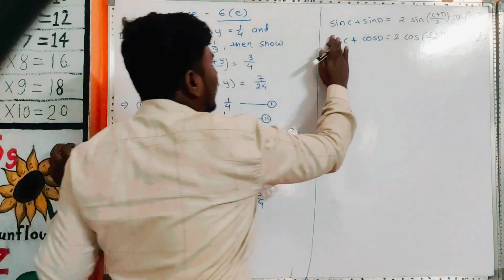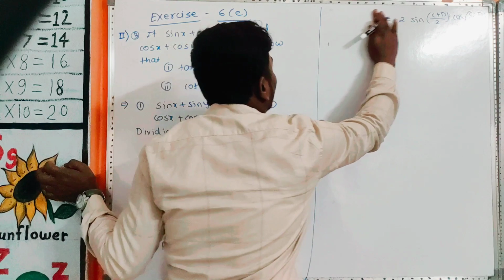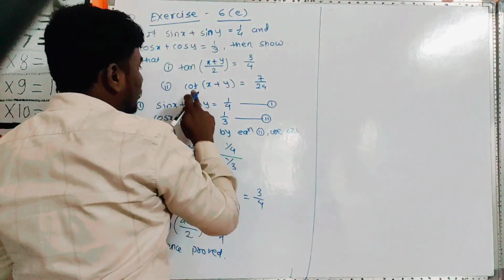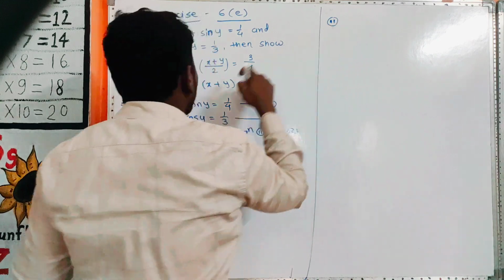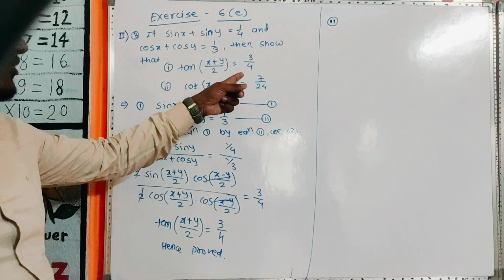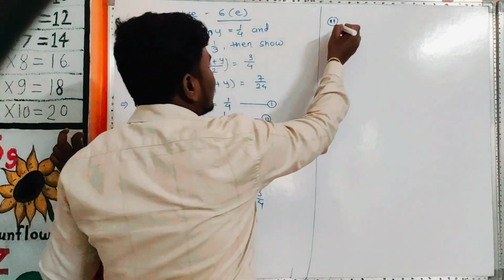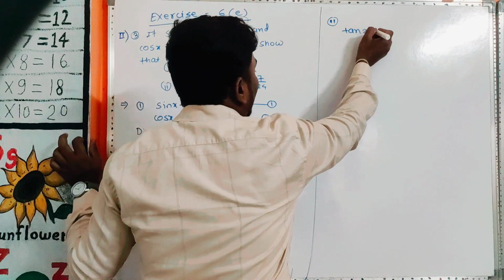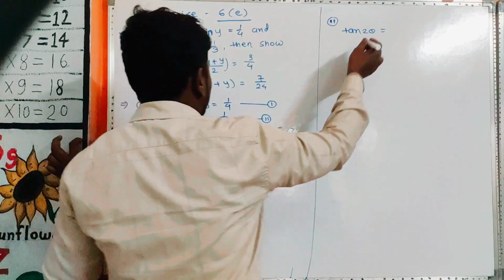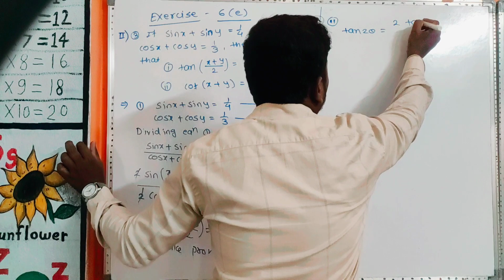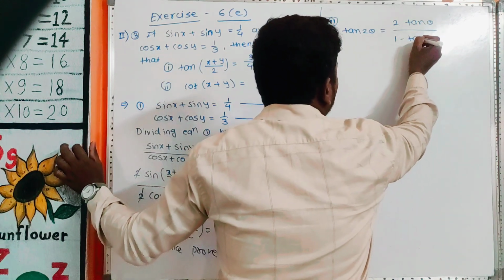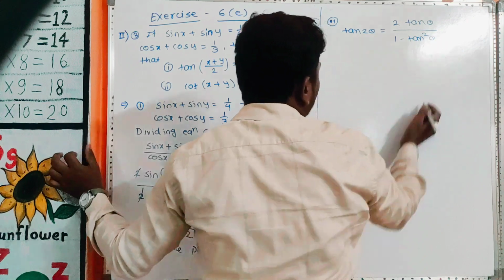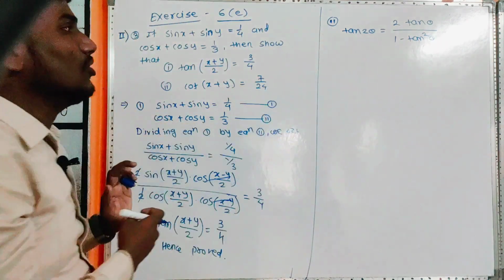So we take the second one. What is the second one? cot(x+y) is equal to 7/24. So first we take the tan 2θ formula. What is that? 2 tan θ divided by 1 - tan²θ, meaning double angle converts into single angle.